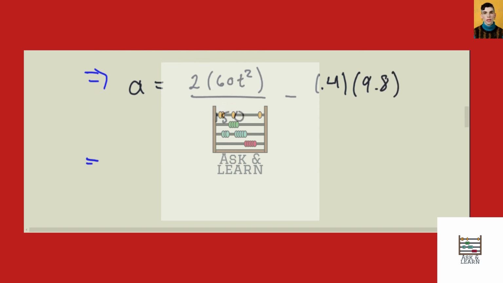So this leaves us with a is equal to 0.8 t squared minus 3.92.